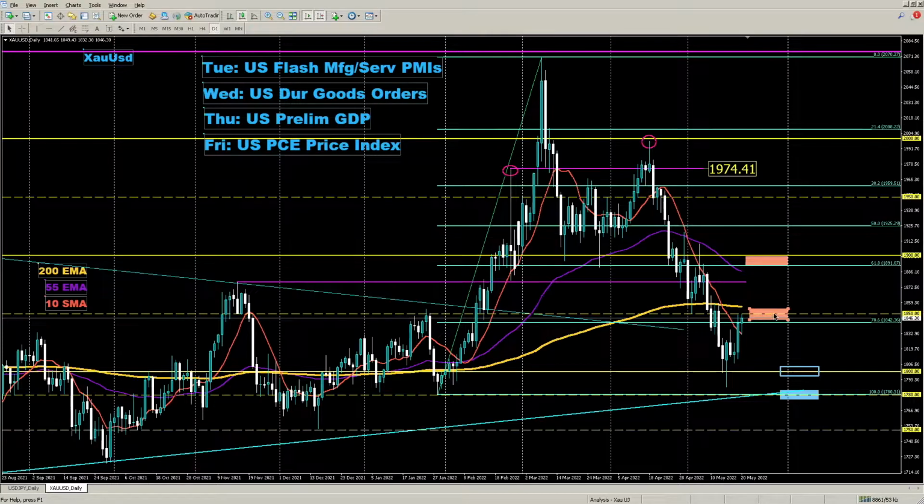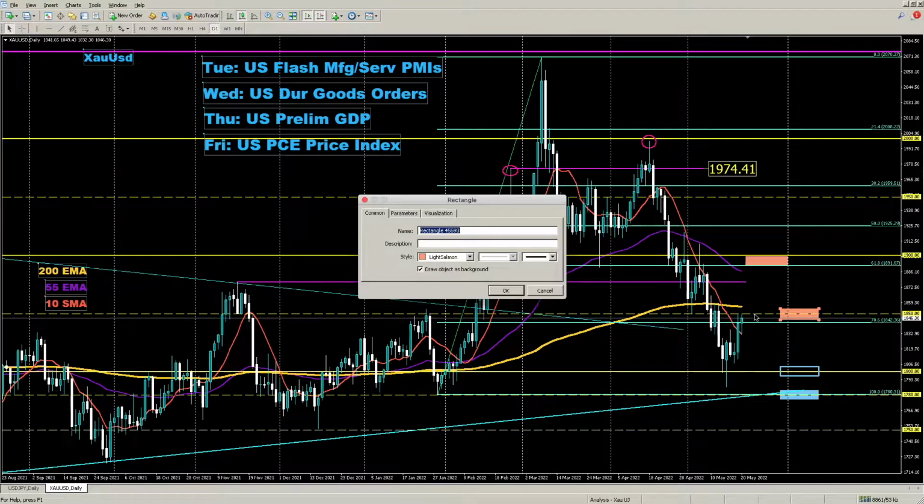And now the interim resistance is at 1850, just below the daily 200 EMA as well.